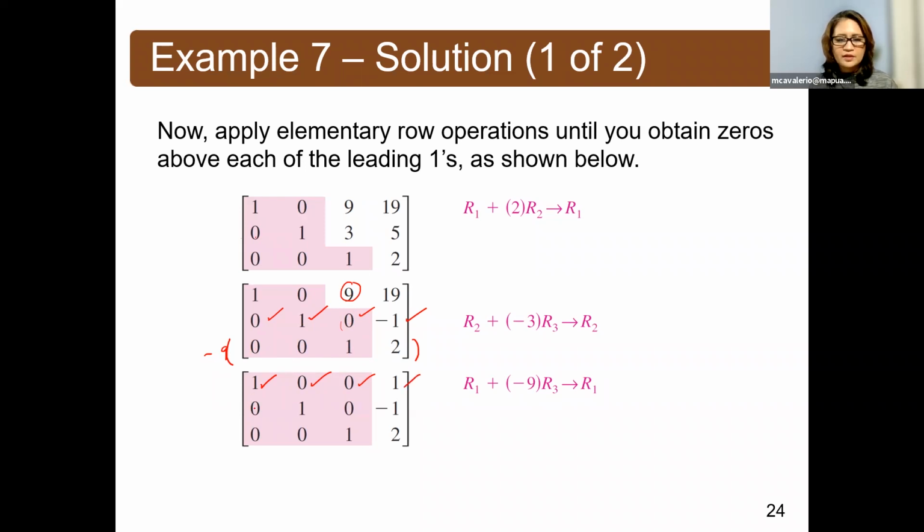So notice that we were able to come up with the reduced row echelon form. What do we have? We were able to convert the coefficient matrix such that the entries in the diagonal are only ones, and above and below those ones are all zeros.